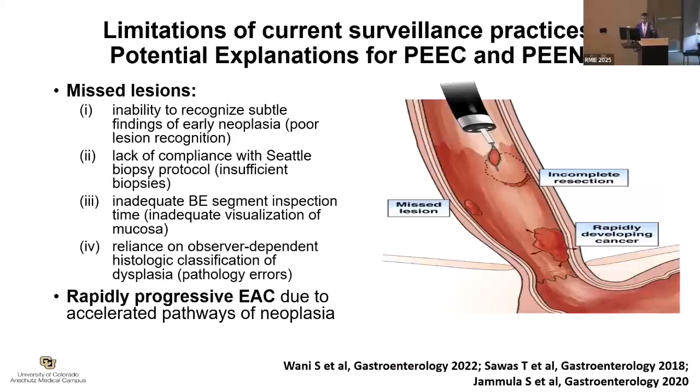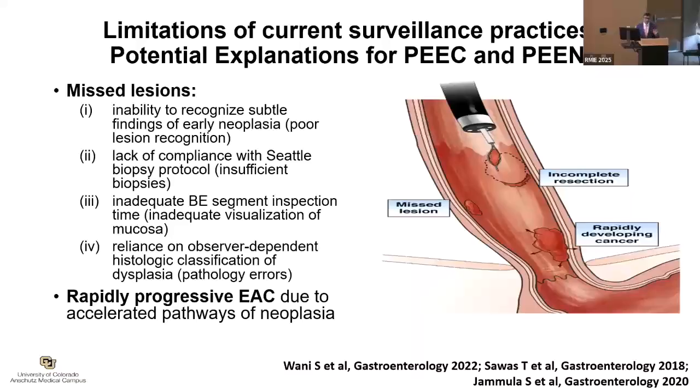When you think about why we see post-endoscopy esophageal cancer in our practice, the vast majority can be attributed to missed lesions, us not spending enough time inspecting the Barrett segment, the lack of knowledge of the patterns that are associated with dysplasia or early cancer, us not taking biopsies using the Seattle biopsy protocol, and some of this may also be attributed to the inter-observer variability that we see among our pathologists.